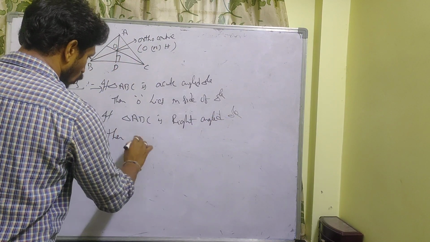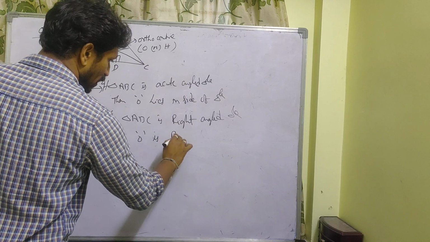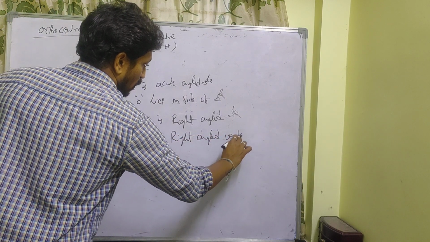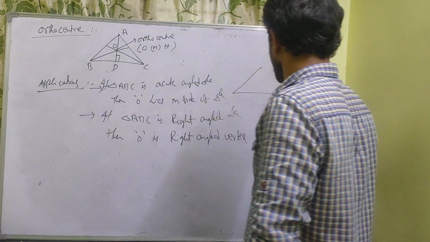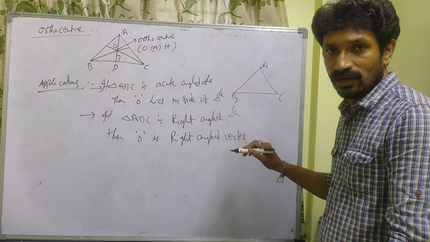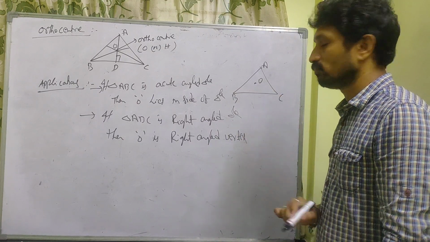then O is the right angled vertex. See here, suppose this is triangle ABC. If it is an acute angle triangle, then O will be here.